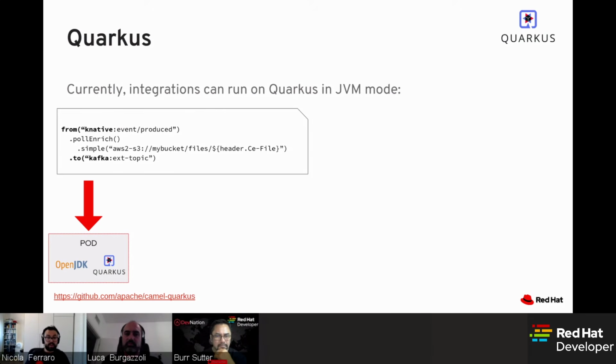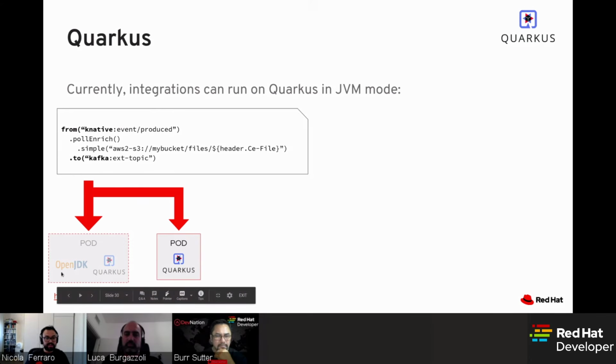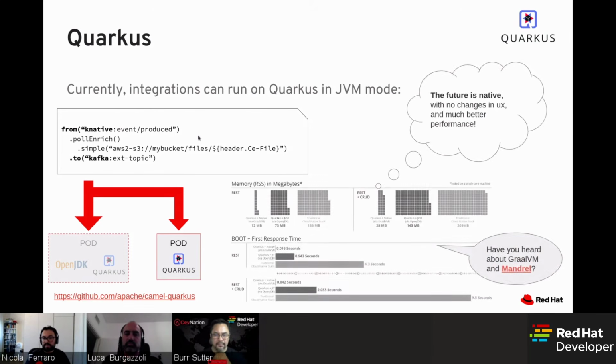So what we are going to do next is to not create a pod with OpenJDK and the Quarkus application, but compile your integration natively so it becomes something really tiny. What you will get from this is that instead of using, for example, 200 megabytes for an integration, you will use 28 megabytes, like in this example.